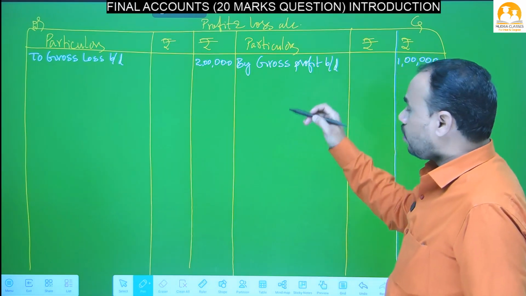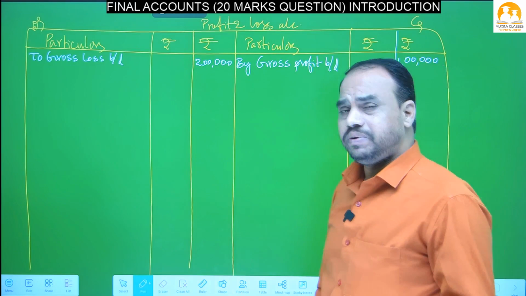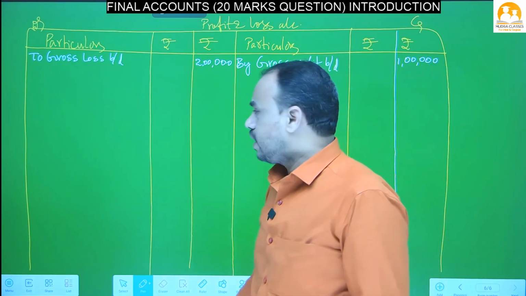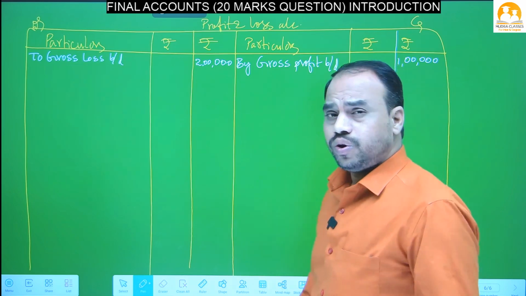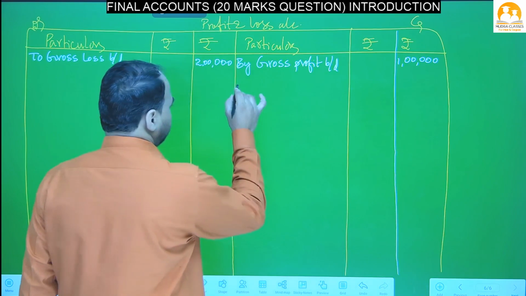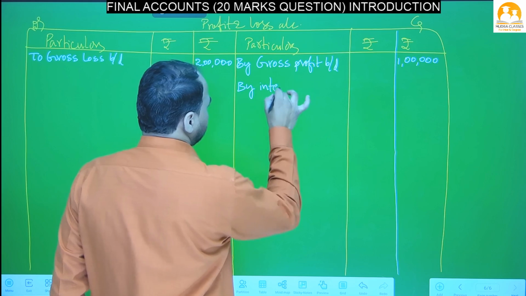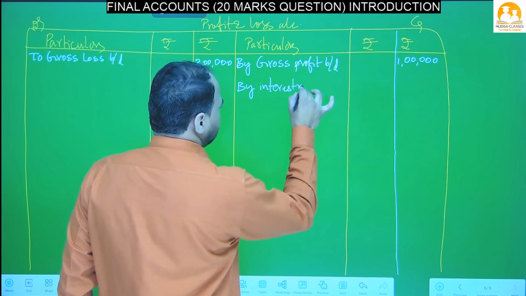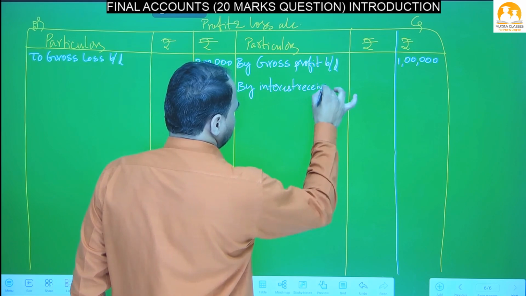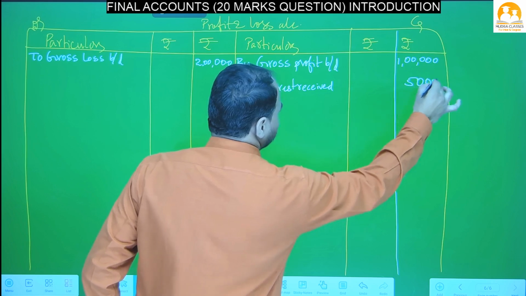So what I told you, the profit and loss account is a nominal account. That means debit all expenses and losses, credit all incomes and gains. So in the profit and loss account credit side, we have to write incomes. What do we write? For example, by interest received, 5,000 rupees.